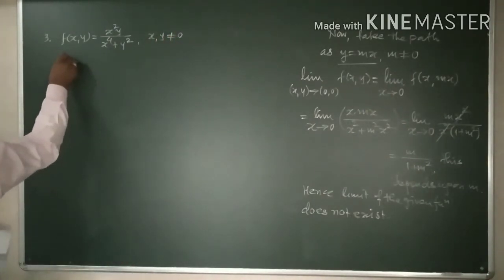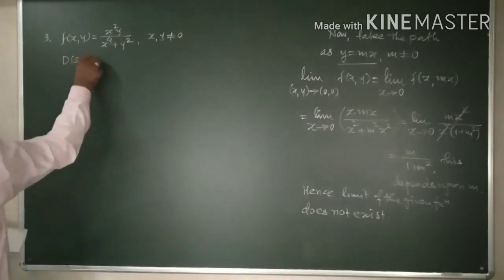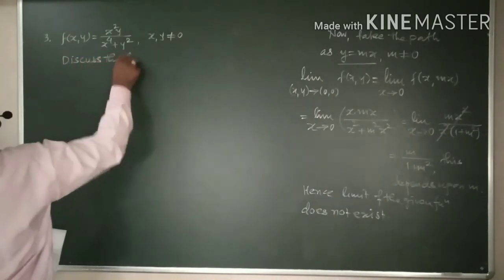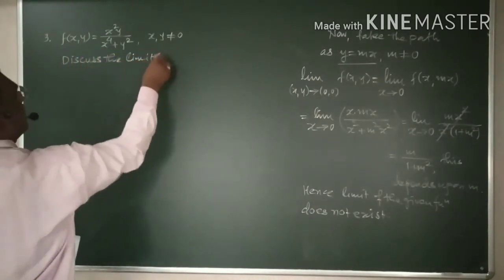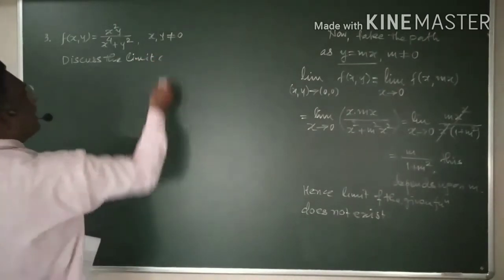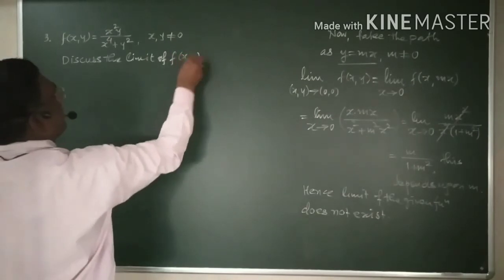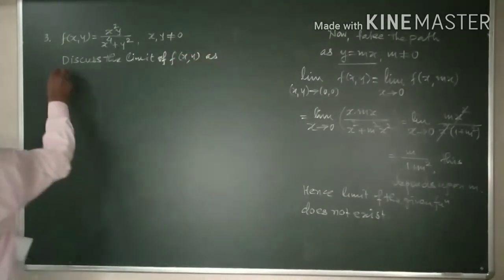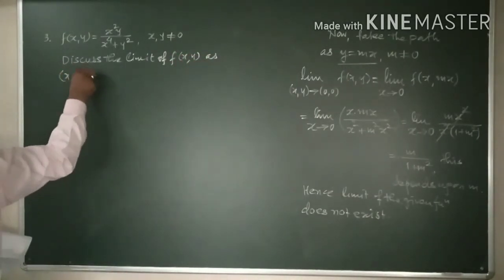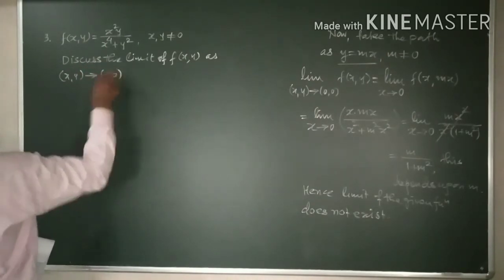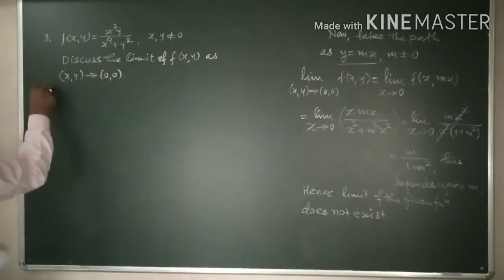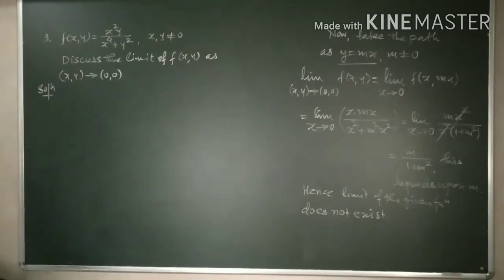Now find or discuss the limit of f of x y as (x, y) tends to (0, 0). Let us go for the solution of this one.